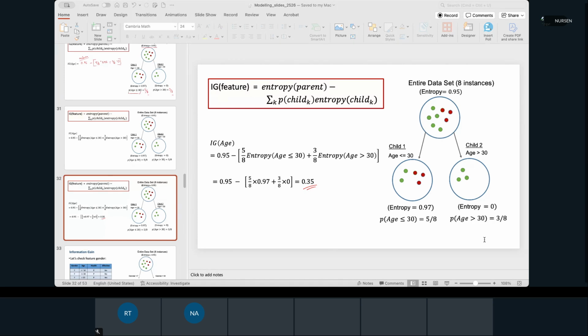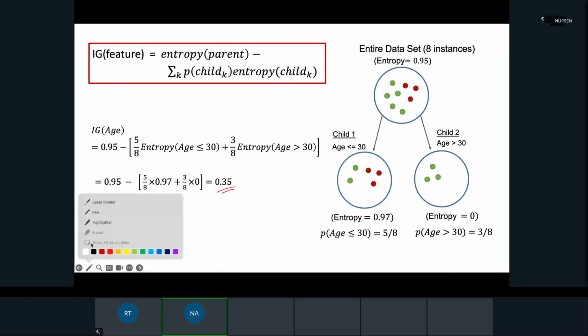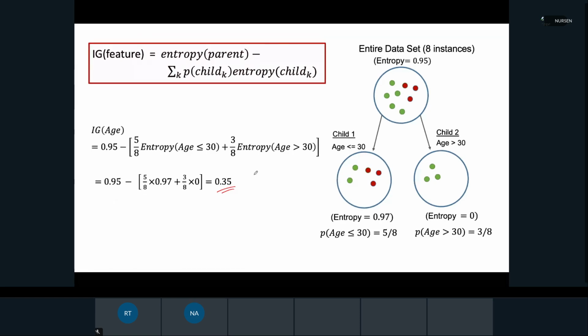Okay. The other questions were similar, how we are going to interpret this result. As I mentioned, we need to compare all of them. So let's continue and you will have a better understanding. So by age, we know that age can decrease the entropy by 0.35. So what does this mean?